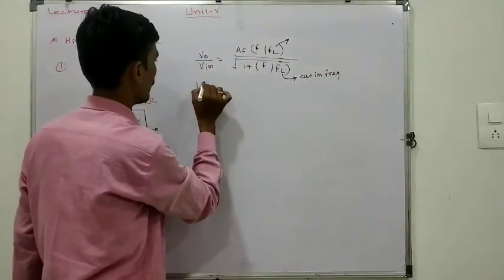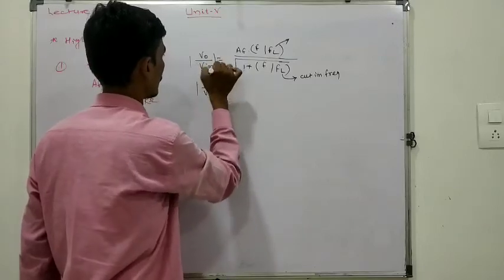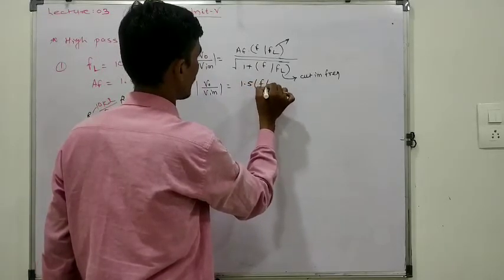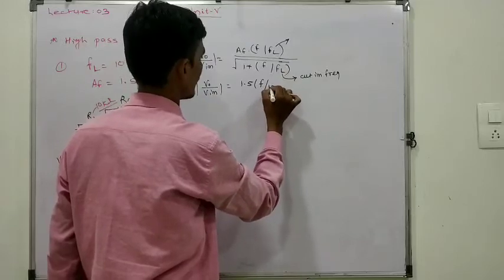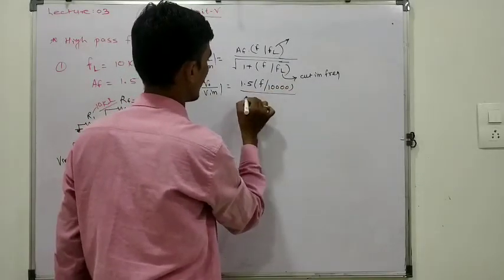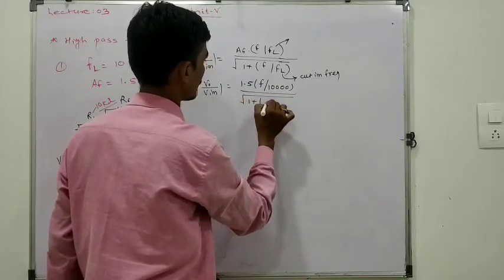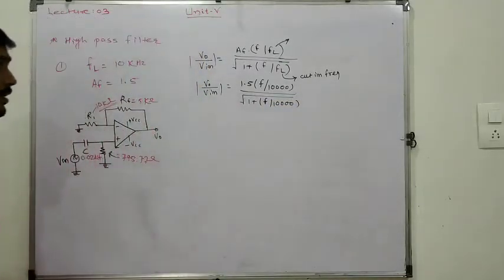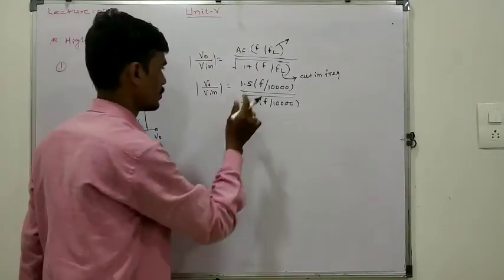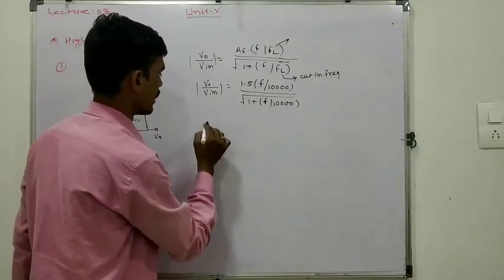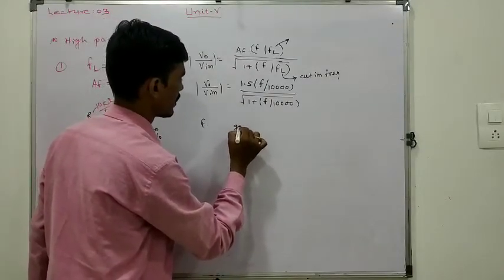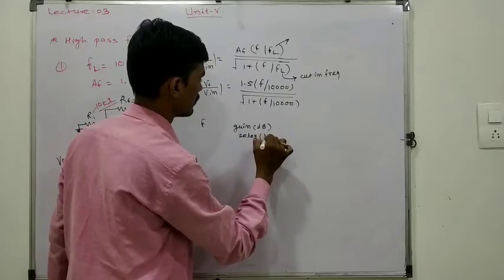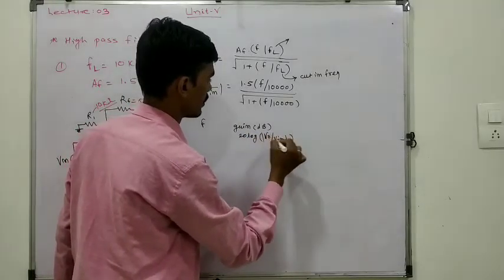So ultimately, mod of VO by Vin is equal to AF, which is 1.5, times F divided by FL, where FL is given as 10K, that is 10,000, divided by the square root of 1 plus F divided by 10,000. Next we have to obtain the table of frequency and gain in decibel, that is 20 log of VO by Vin.